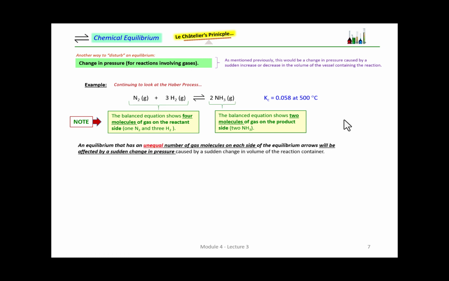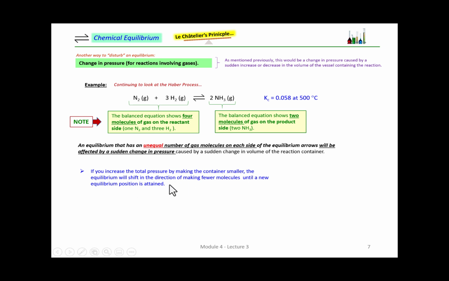Now, an equilibrium that has an unequal number of gas molecules on each side will be affected by a sudden change in pressure caused by a sudden change in volume of the reaction container. If you increase the total pressure by making the container smaller, in other words, you squeeze the equilibrium as far as its volume, the equilibrium will shift in the direction of making fewer molecules until a new equilibrium position is attained.